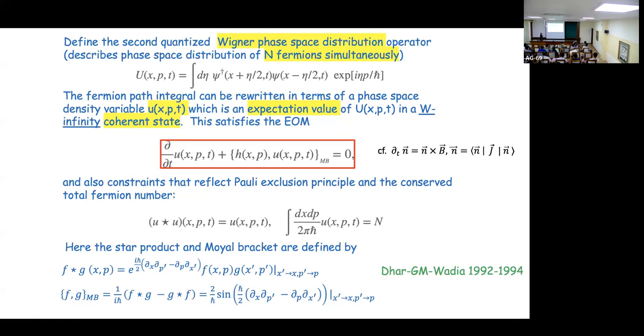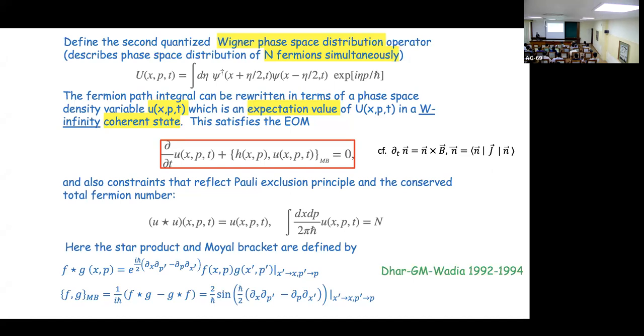You can describe the states of the system in terms of coherent states of the W infinity algebra, and the expectation values of this second quantized Wigner phase-space distribution operator, U(x,p,t), in this coherent state, which I'll call the little u(x,p,t), satisfy some very reasonable looking equation, except that you might have expected a Poisson bracket here. Instead of a Poisson bracket, it's what is called a Moyal bracket, which is an h-bar deformation of the Poisson bracket.